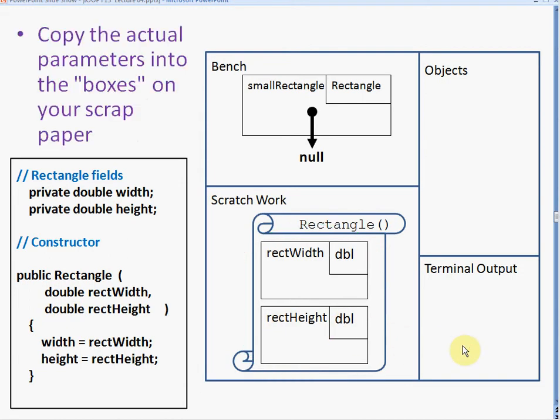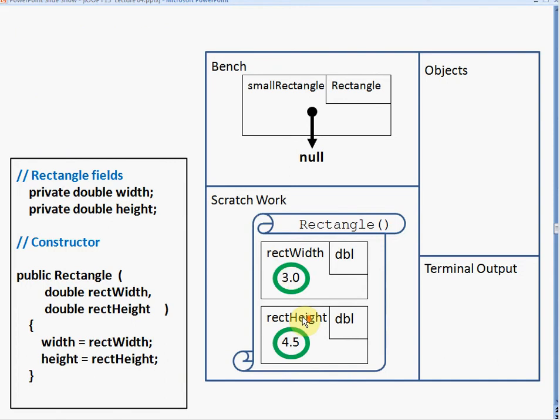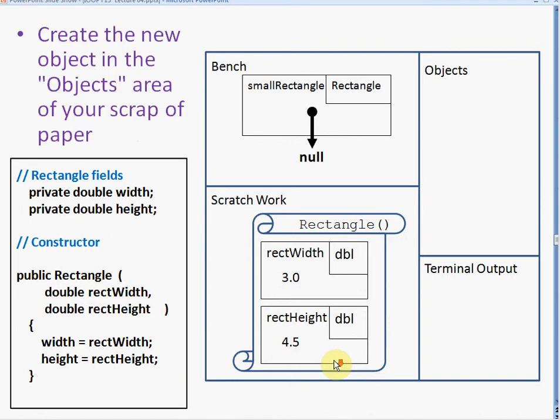Okay, we continue. The next thing you need to do is to copy the actual parameters that you put in when you right-clicked on that class and then ran the method into these formal boxes. So in my case, I put 3.0 in rect width and 4.5 in rect height, so those get copied down. And finally, we create a new object to represent our new rectangle that we're creating.